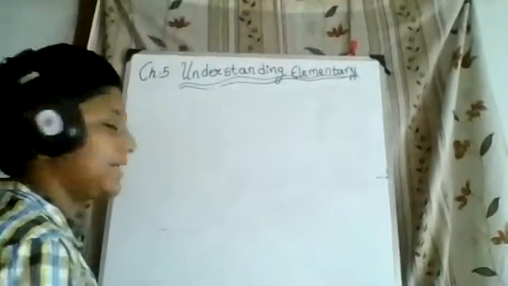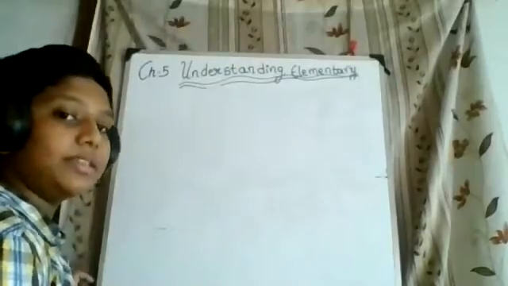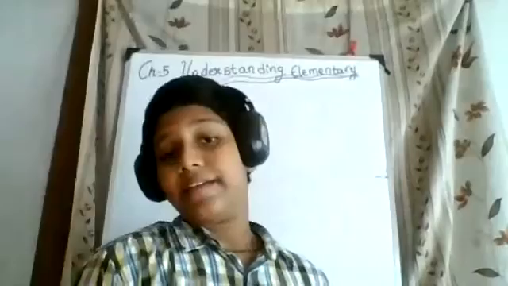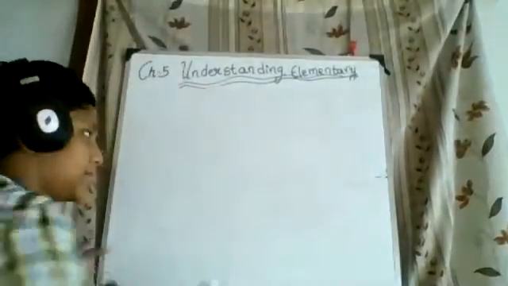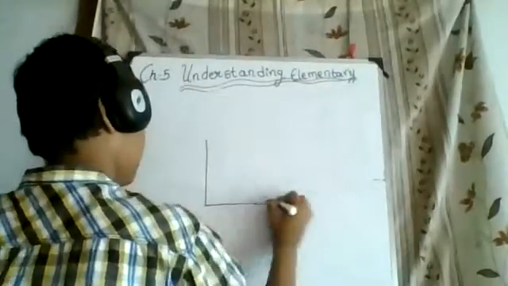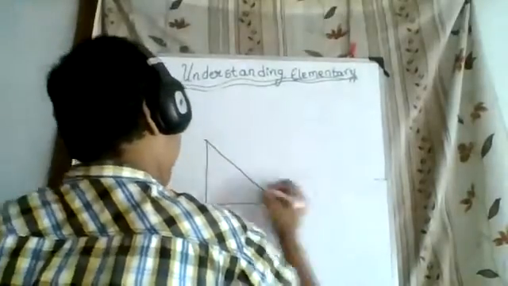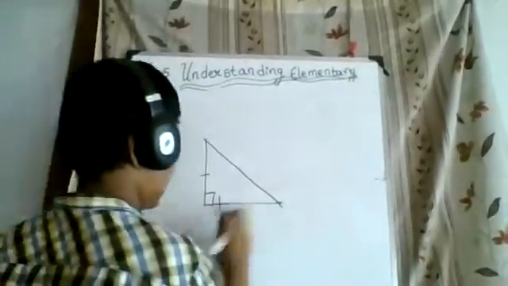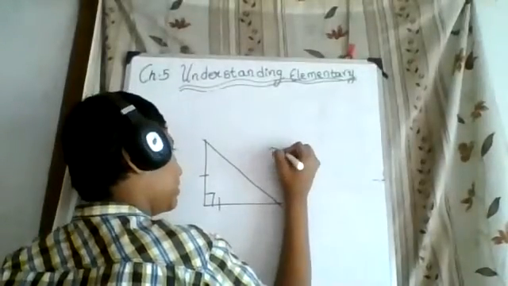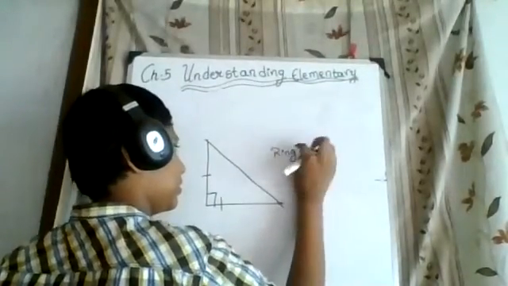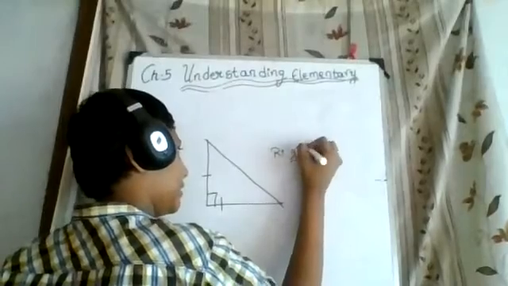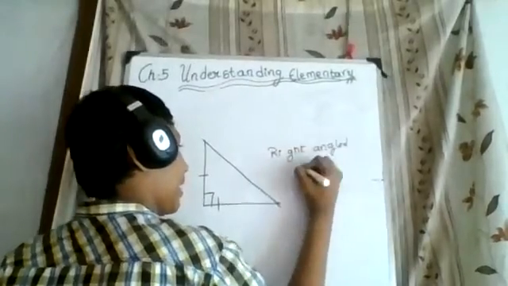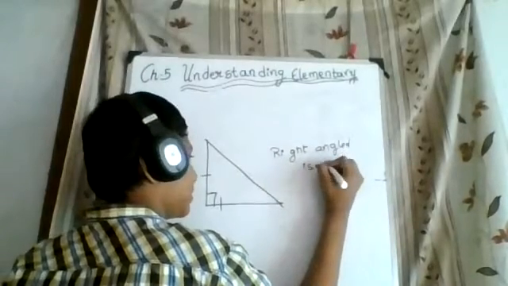And next, see. Now I said if we join both the sides and angles, we will be having one more type. That is the right angle isosceles triangle.